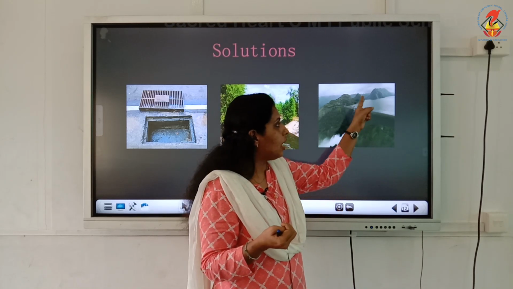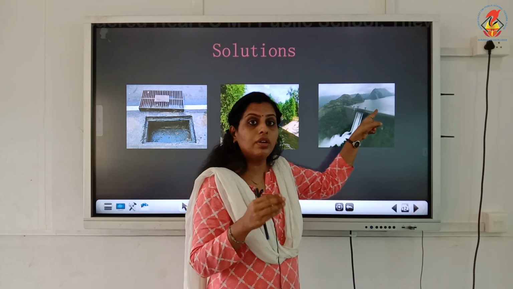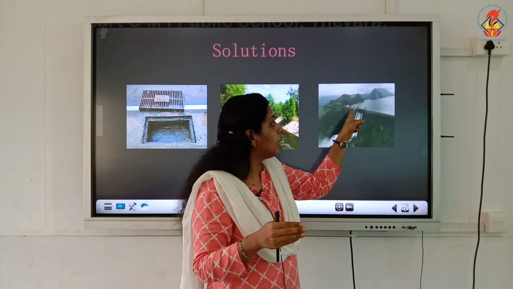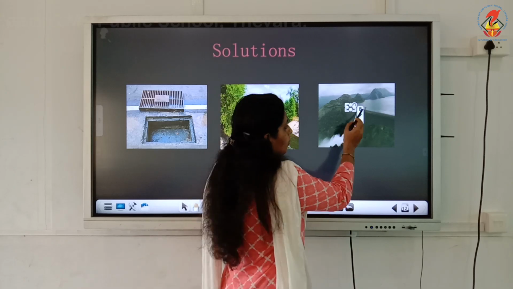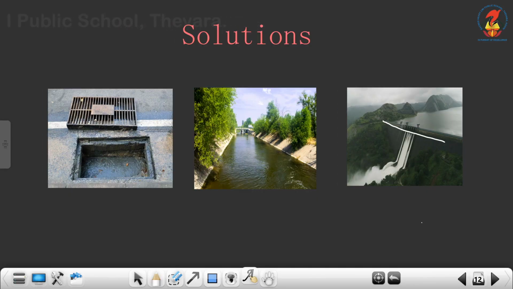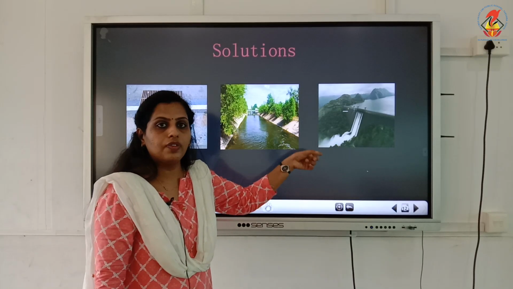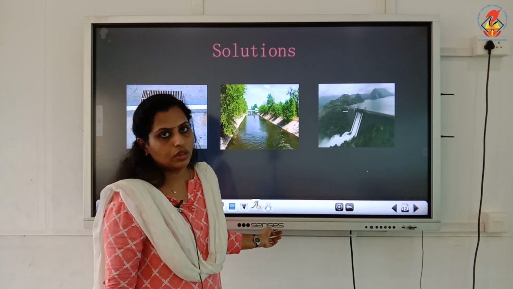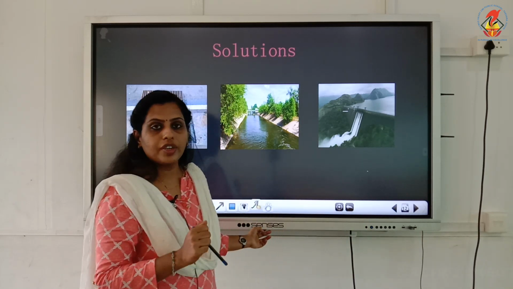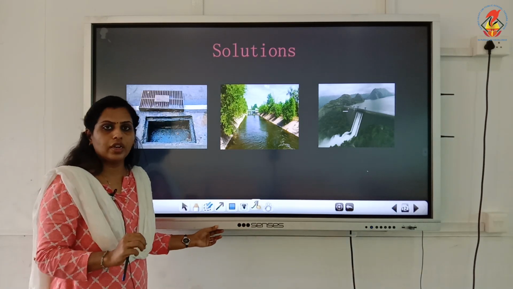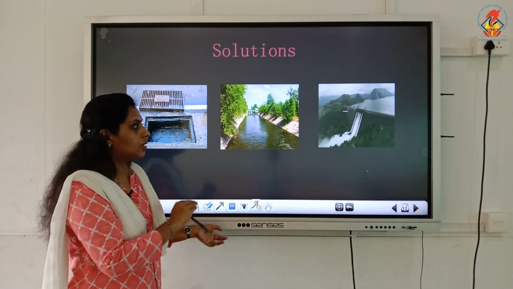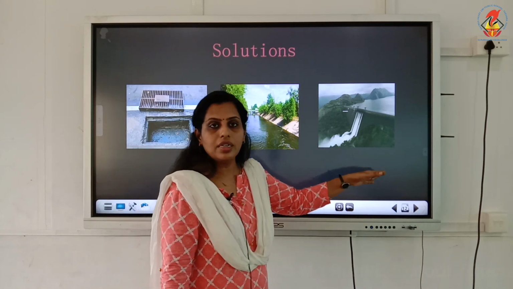You can see an artificial lake which is blocked by a strong wall built across the river. And if there is a need of water, they will open the shutters and let the water from the artificial lake flow out. So with these types of facilities, we can control flood: a proper drainage system, canals and dams.